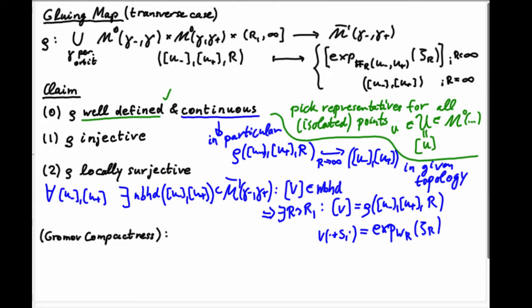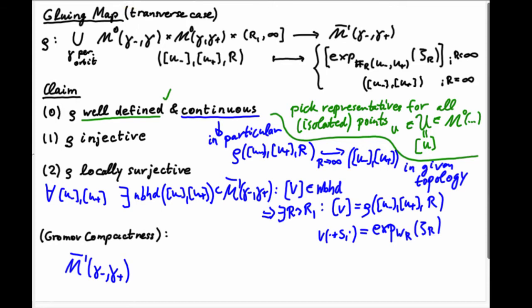So then I can talk about this one-dimensional space. Oh, I should take actually all gammas. Oh no, hold on, sorry. Right, I fixed gamma minus and gamma plus. So I could take this, what we'd like to be the compactification. We would like this to be a one manifold with boundary.